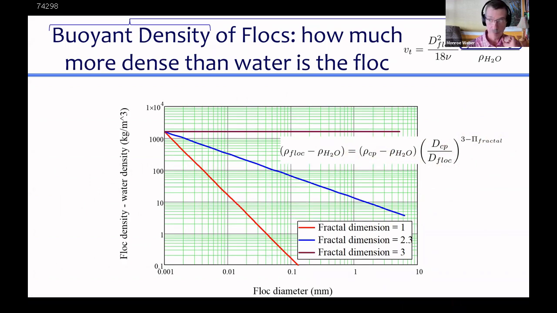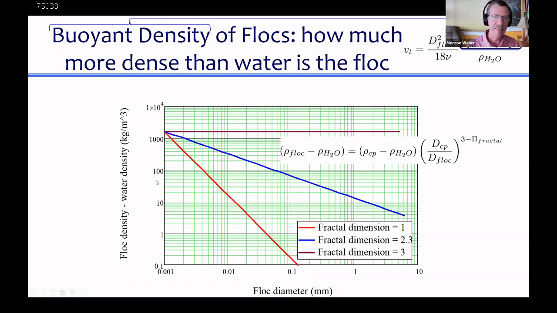And we see that there's this rho flock minus rho H2O. That's the difference in density between the particle that's falling in the water and the water itself. It's that difference that gravity is grabbing a hold of and using to pull it down or push it up, depending on what the densities are. That's called the buoyant density. The difference in density between the particle and water is the buoyant density.